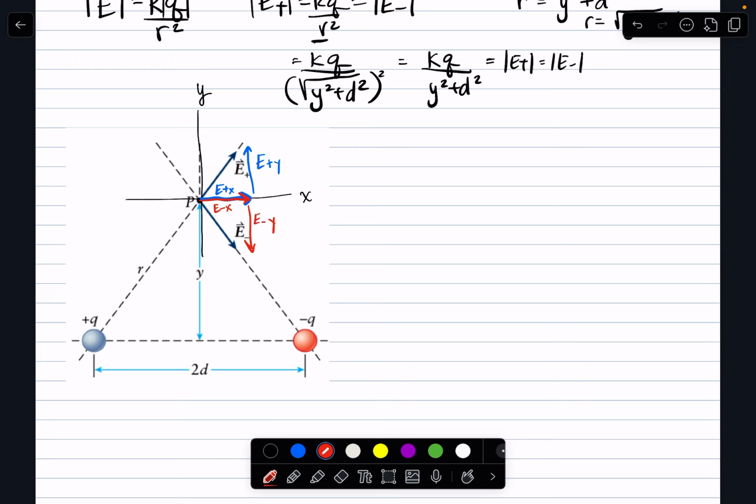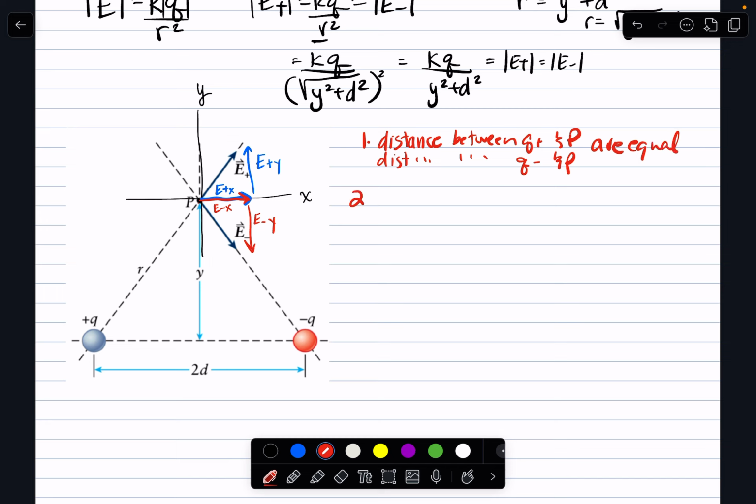So looking at this picture, we can actually do the math because, number one, the distance between Q plus and P and the distance between Q minus and P are equal, okay?